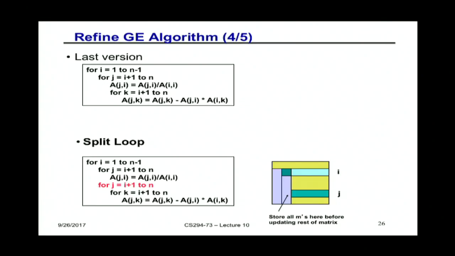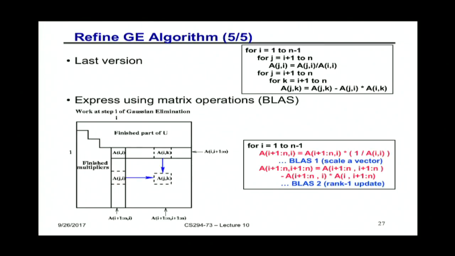And then the rest is the trailing submatrix, from column i plus 1 and row j plus 1. For the trailing matrix, you do this update. Okay, so that's the algorithm description.